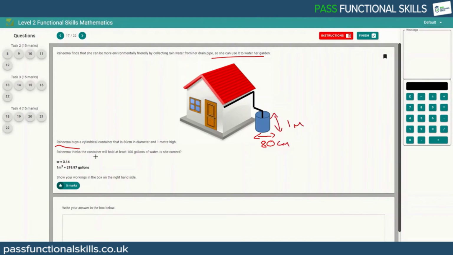We're told that Rahima thinks the container will hold at least 100 gallons, and we have to determine whether she's correct or not. We're given a conversion factor between metres cubed and gallons, and also a value for pi. So first of all, we're given two different units for the measurements of the cylinder, so we should convert that so they're consistent.